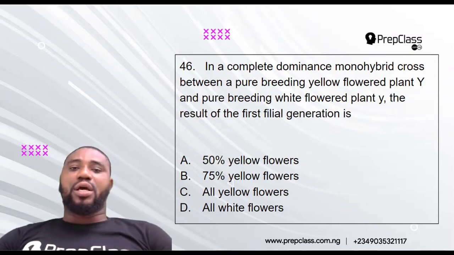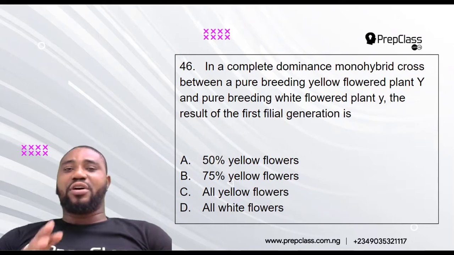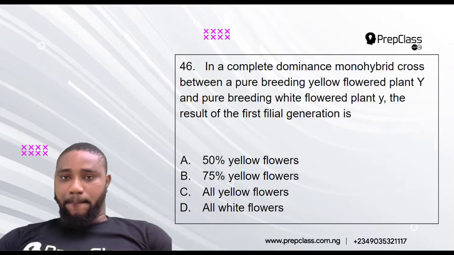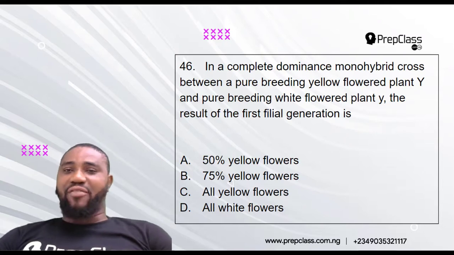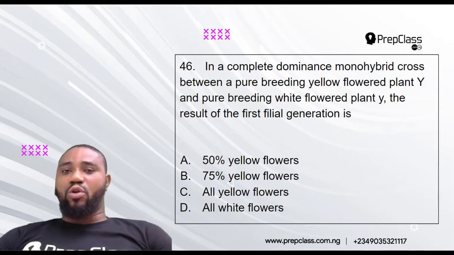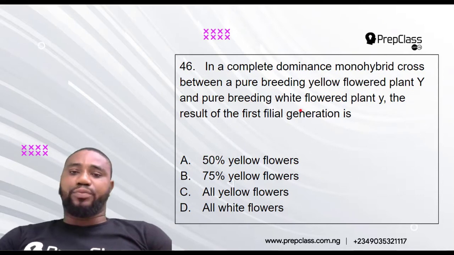Then when you hear pure breed, it simply means this one has an exact copy of the gene for yellow and doesn't have the gene for white color. It doesn't have any gene for white. That means it has genes for only yellow color, while this other one has genes for only white color. So let us see.